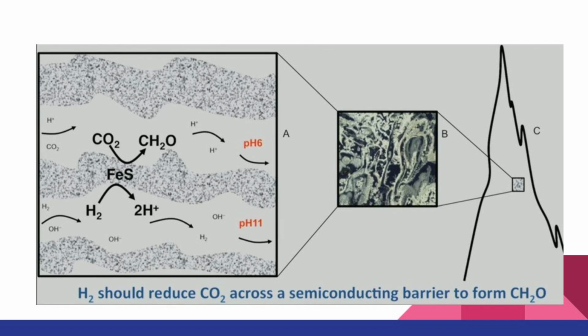Now what makes this possible is, if both hydrogen and carbon dioxide are on the same side of the membrane, they won't react, because at the same pH the energetics of the reaction is such that carbon dioxide gives out the electron more easily than hydrogen. So the reaction would proceed the other way.